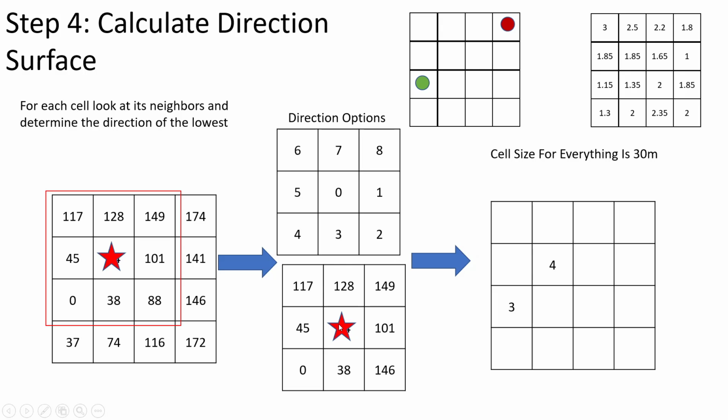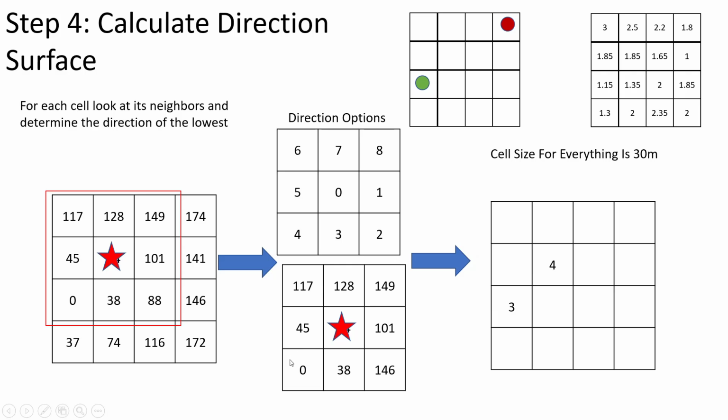So in this particular case, our lowest possible neighbor value is here, because our starting point was defined to have a cost distance value of 0. Our lowest possible neighbor value is 0. So to get from here to here, we had to go down and to the right. Or sorry, down and to the left.